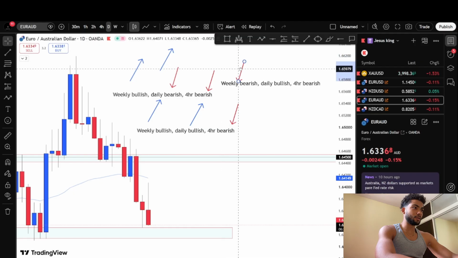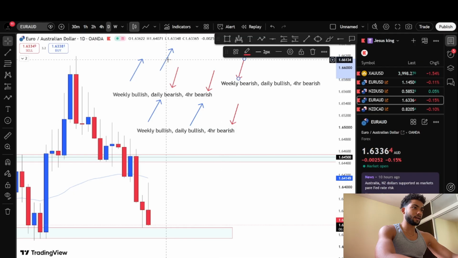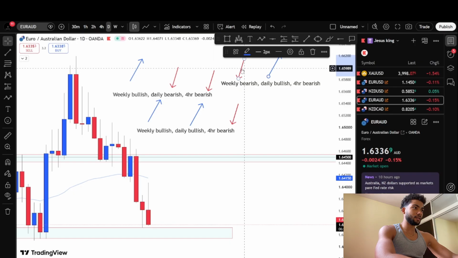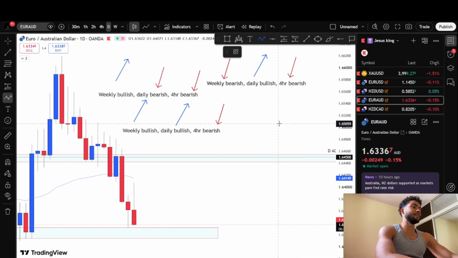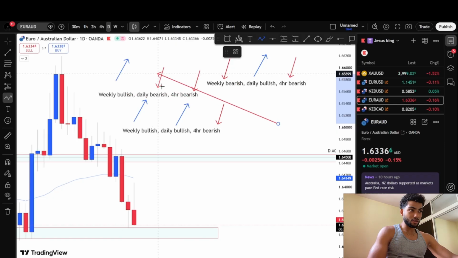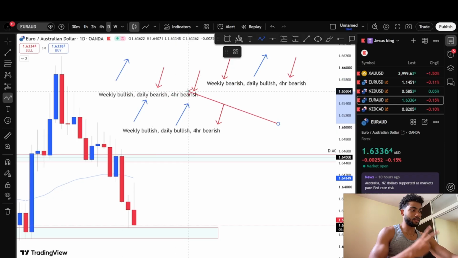I have the weekly bearish, the daily bullish, and the 4 hour bearish. In this scenario right here, I don't have two consecutive time frames in sync, because here I have daily and 4 hour. That's two consecutive time frames in sync in one direction.